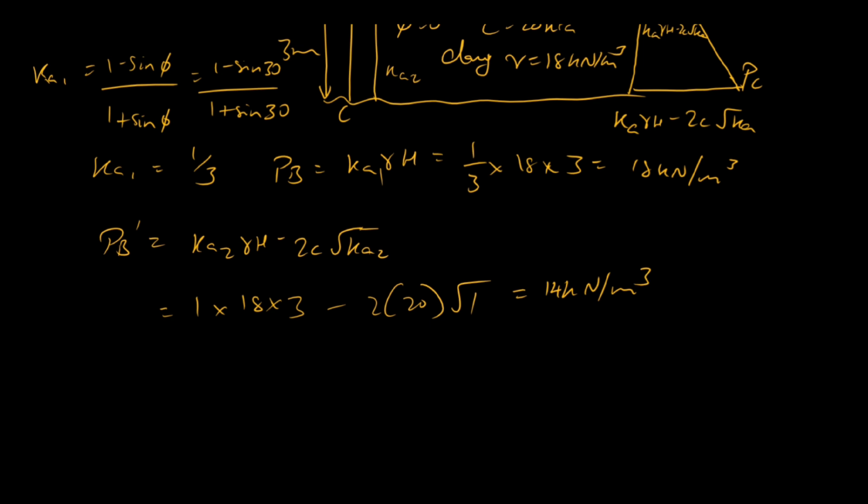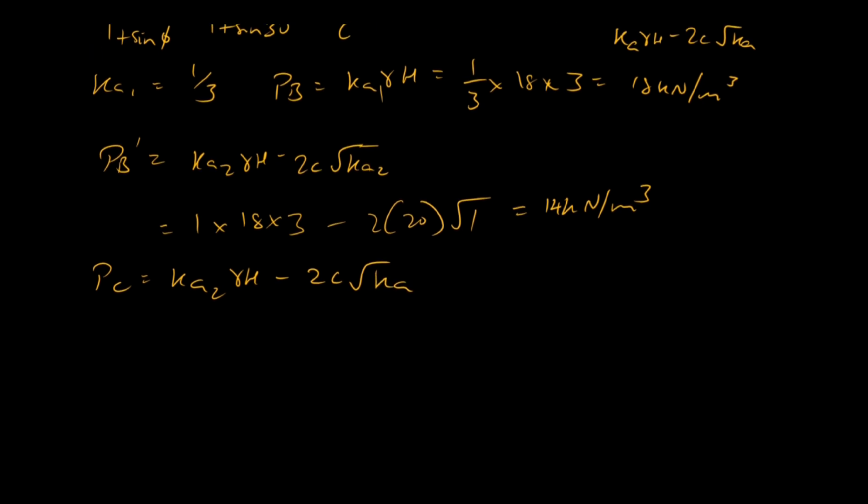Now we'll calculate the value of Pc, which is Ka2 gamma H minus 2C root Ka2, for the total depth.